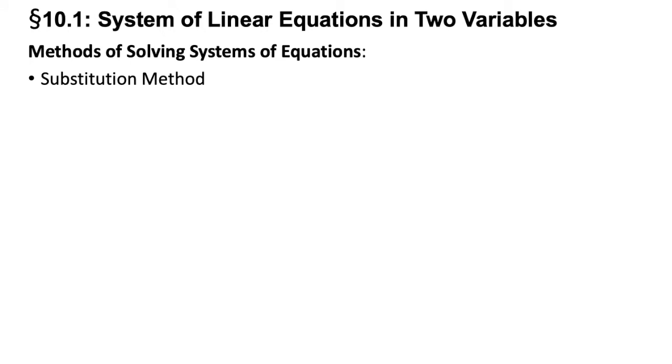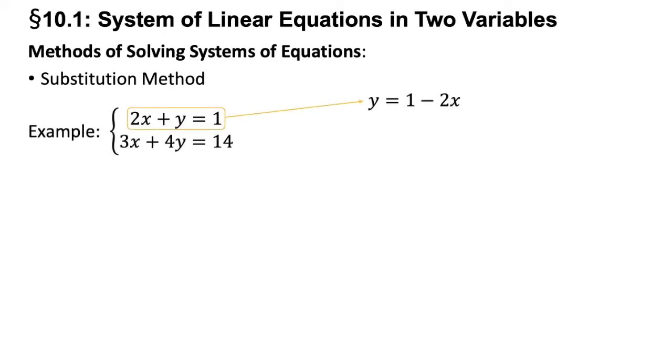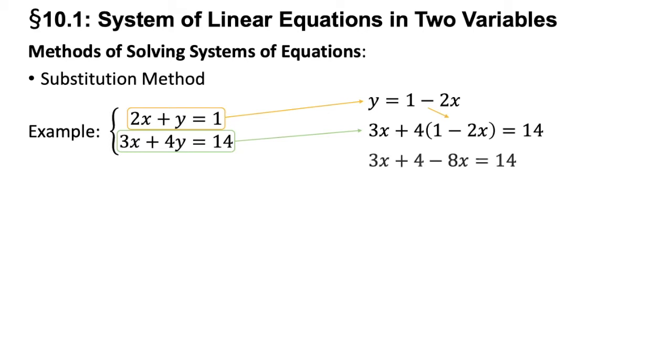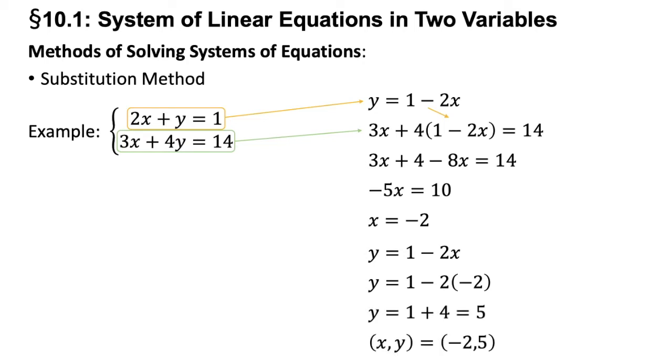For the substitution method, given the system, we solve the first equation for y and substitute it for y in the second equation. We then simplify the equation and solve for x to get x equals -2. Then we substitute -2 for x in the first equation to solve for y, to be (-2, 5).